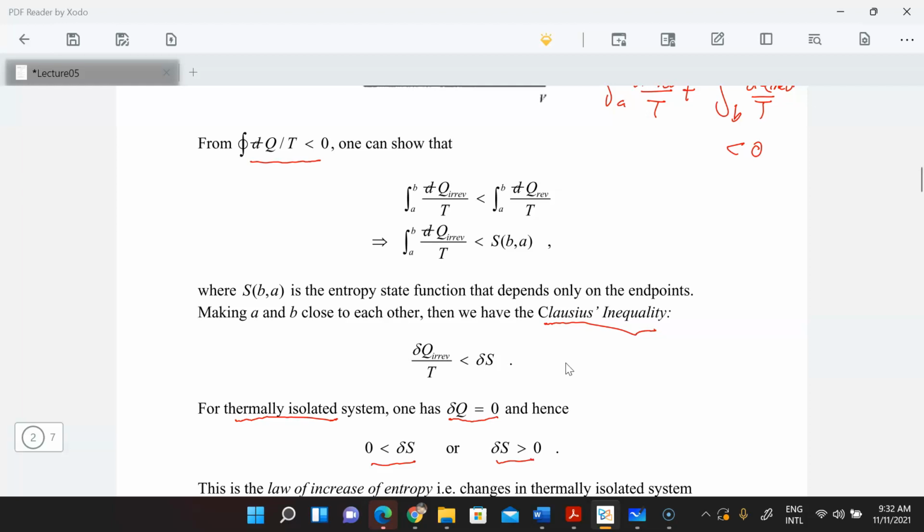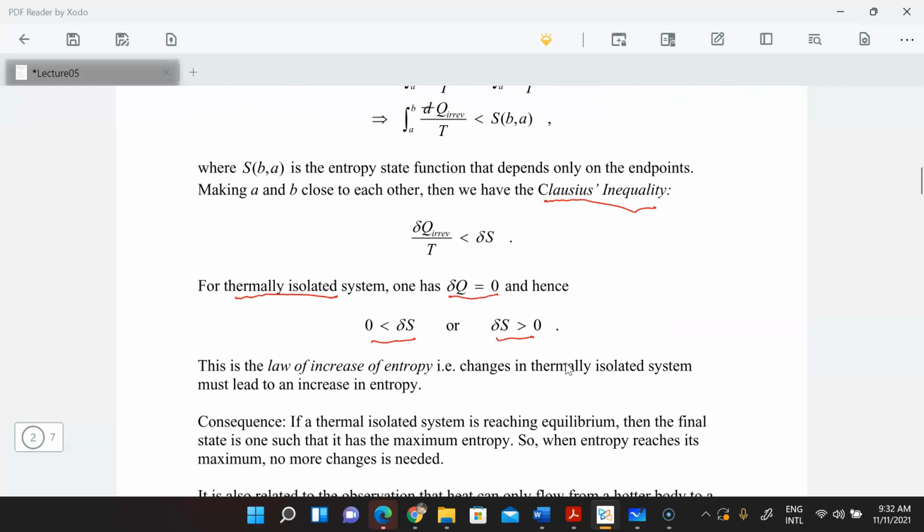And remember that this is the change in entropy for the case of a thermally isolated system. So this is what is called the law of increase of entropy, the common statement of the second law that you have already seen before. And one has to remember that this is only true for the case of a thermally isolated system.